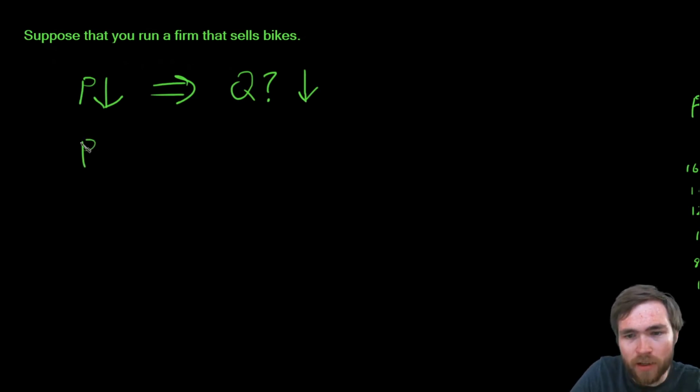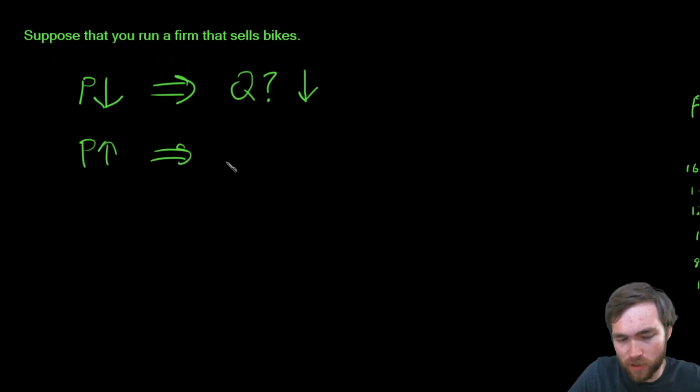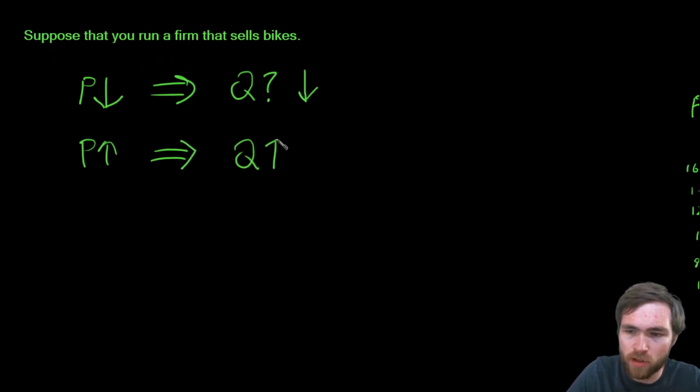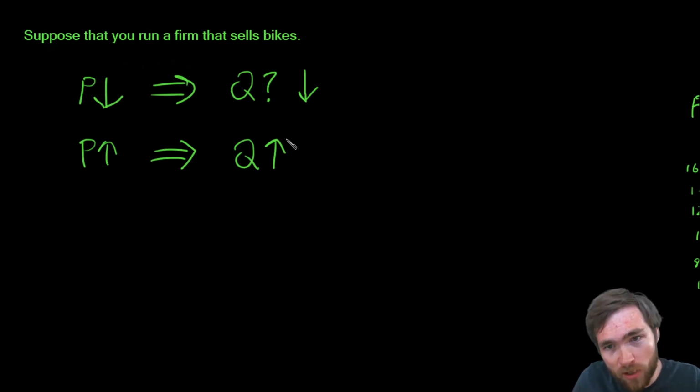And similarly, if the price of bikes increases, that's going to imply that you should increase the quantity you produce. So this is the positive relationship between quantity supplied and price.